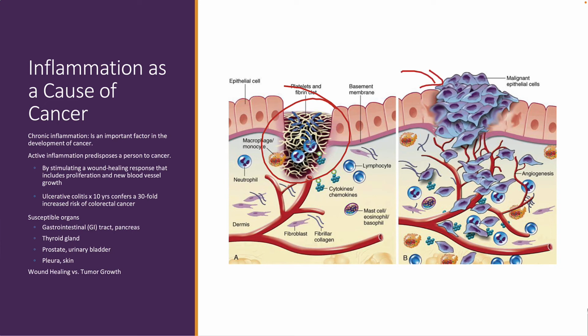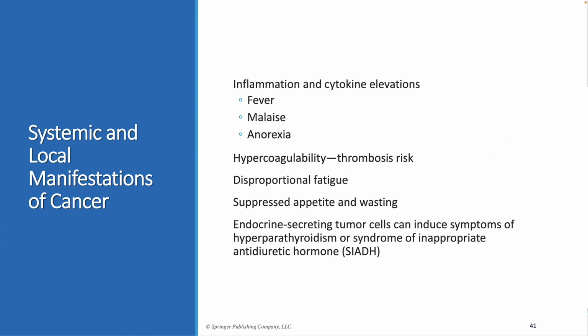There are many different examples of this. The pancreas and the GI tract, the lower esophagus in esophageal cancer, ulcerative colitis, and many, many others. Another reason that inflammation leads to cancer is that inflammation is associated with all these cytokines, right?